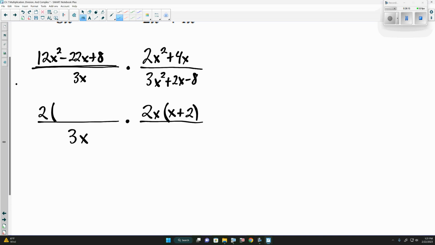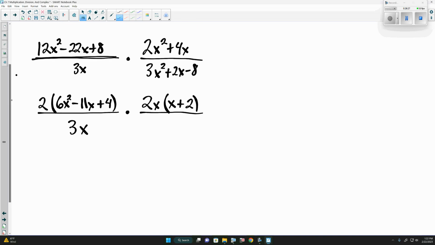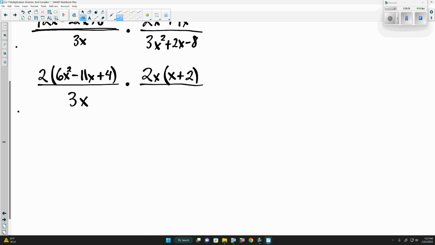And if we divide everything by 2, we get 6x squared minus 11x plus 4. And 11 is a prime number, so yes, that was it. So that just means we're going to have to factor it most likely again.